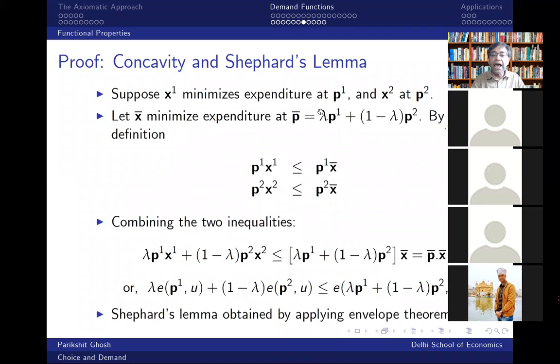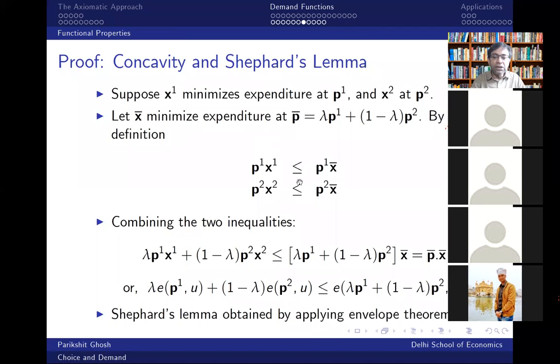So to prove concavity, we have to look at expenditure at some averaged price vector like this, right? So P bar is an averaged price vector. And let's say the optimum choice there is X bar, right? When you move to this averaged price vector.